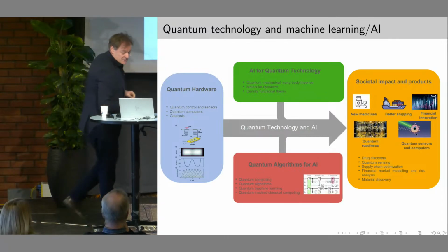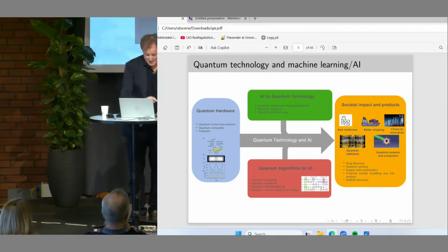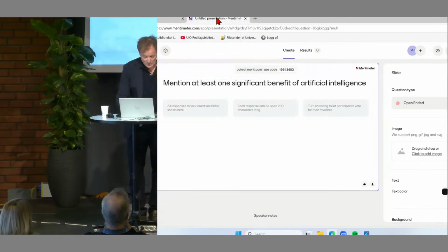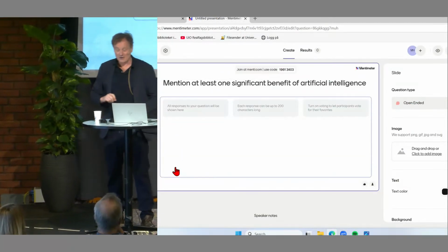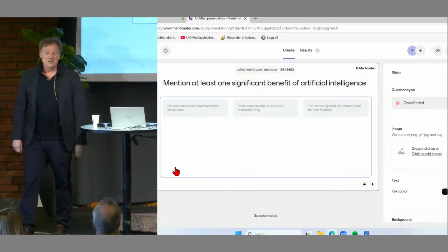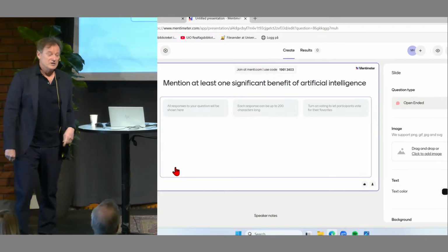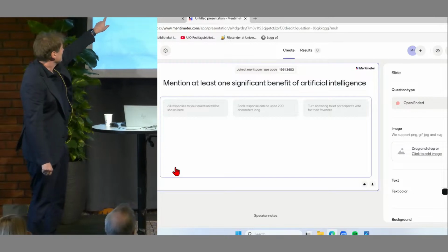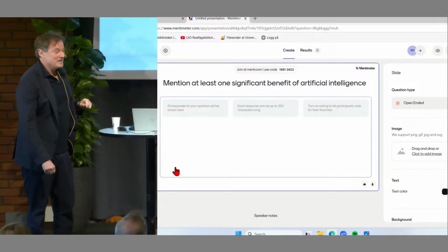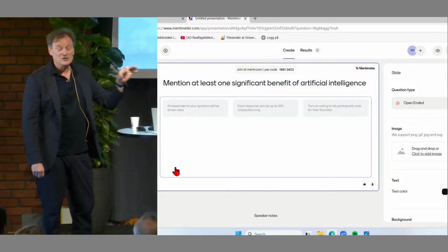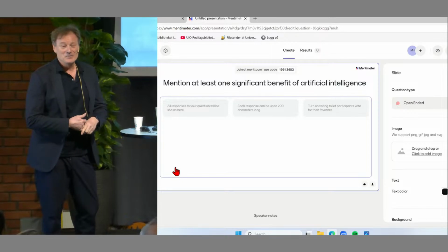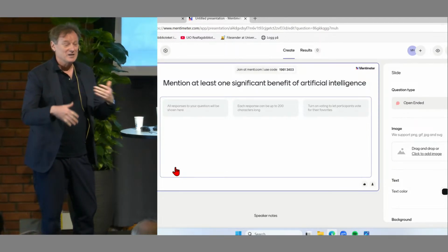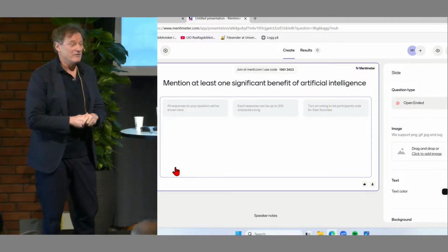And one of the things I wanted to do, so I took the liberty of bringing up a Menti here. I don't know if you're familiar with that. So if you just go to your cell phones and click on menti.com, and there's a number there on the top, just feel free to punch it in, and then we can summarize a little bit afterwards and see how many people have answered.